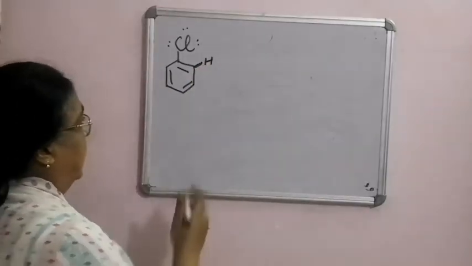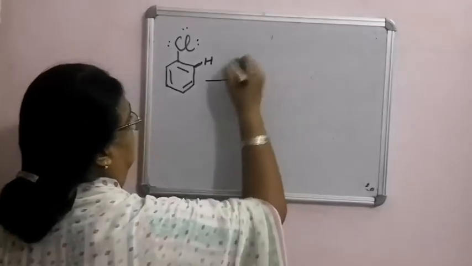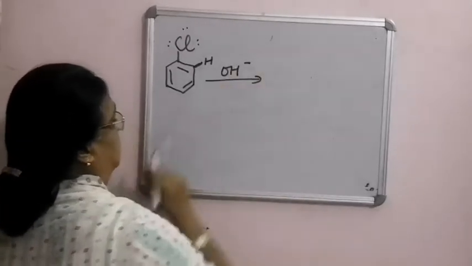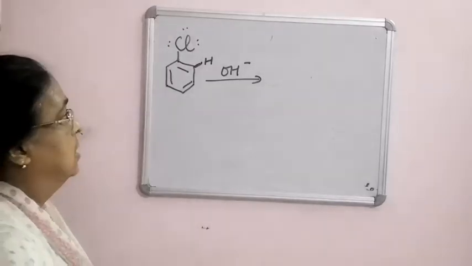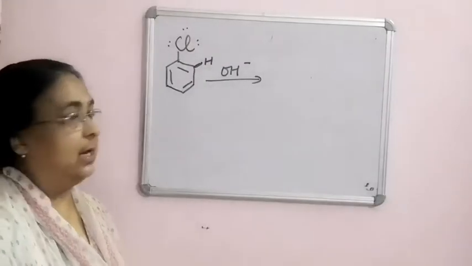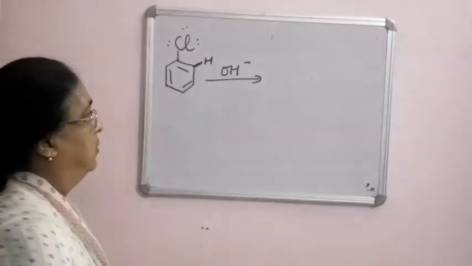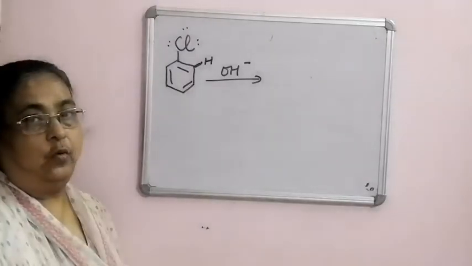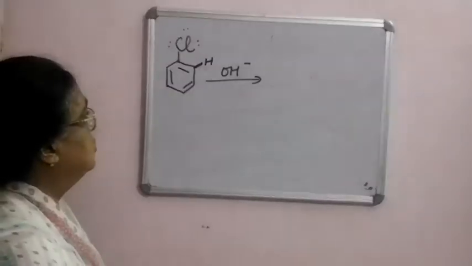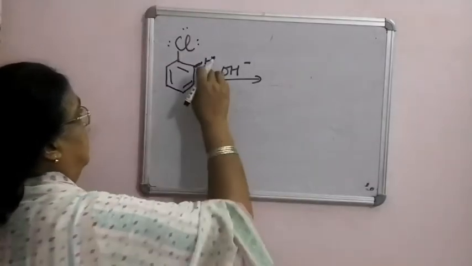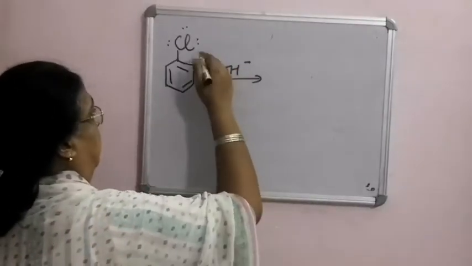Now, in the presence of OH ion, if you look back at the reaction, sodium hydroxide aqueous. Sodium hydroxide is a strong electrolyte, so it will not exist as a molecule of sodium hydroxide. Instead, we will have OH ion. So in the presence of OH ion, this H will be pulled by this.